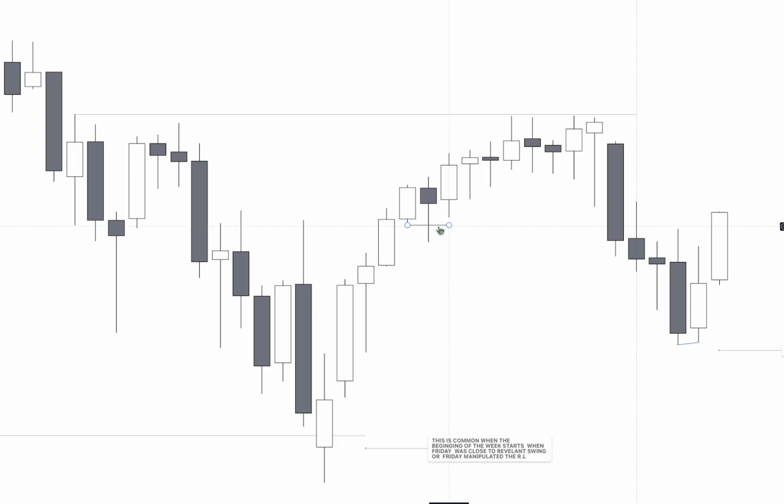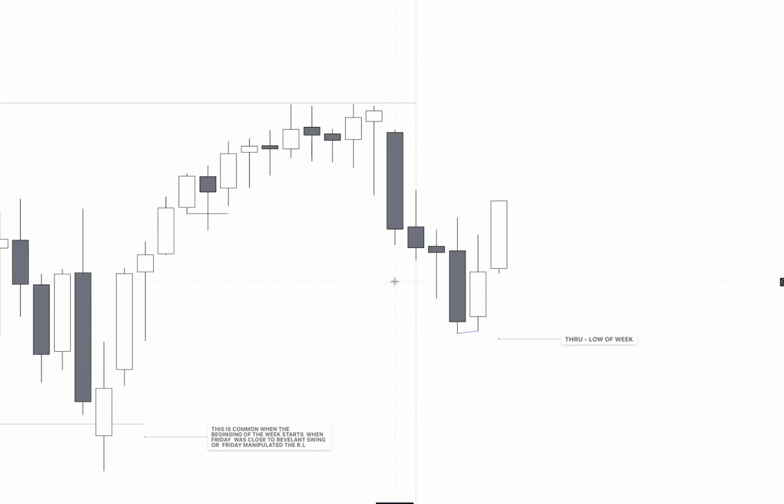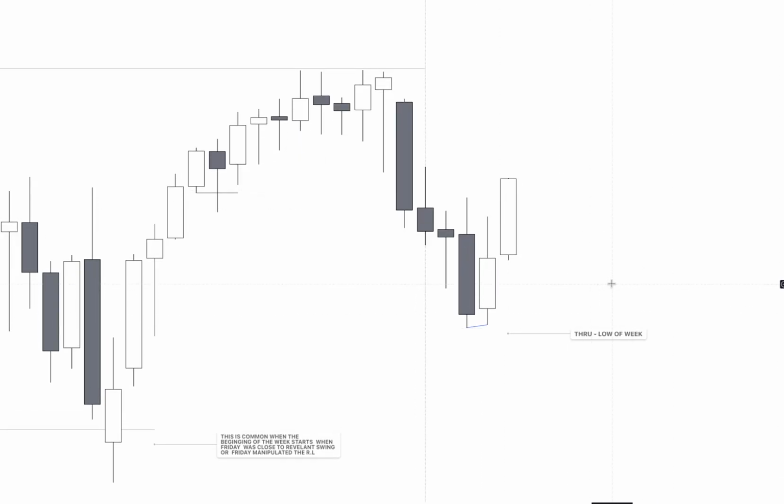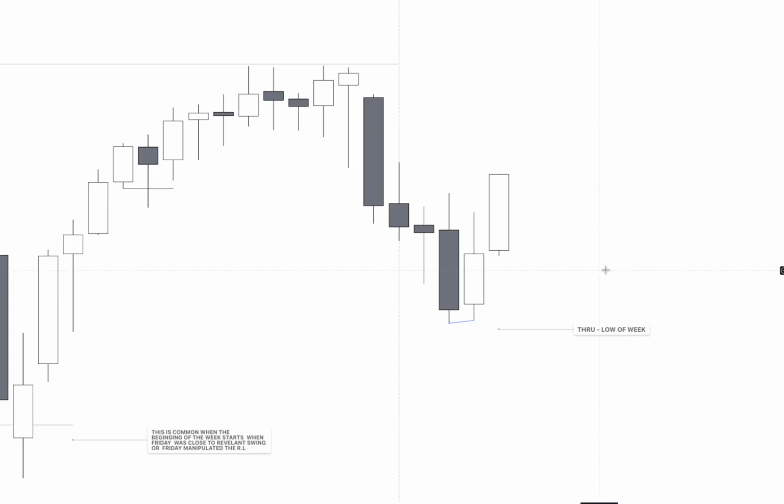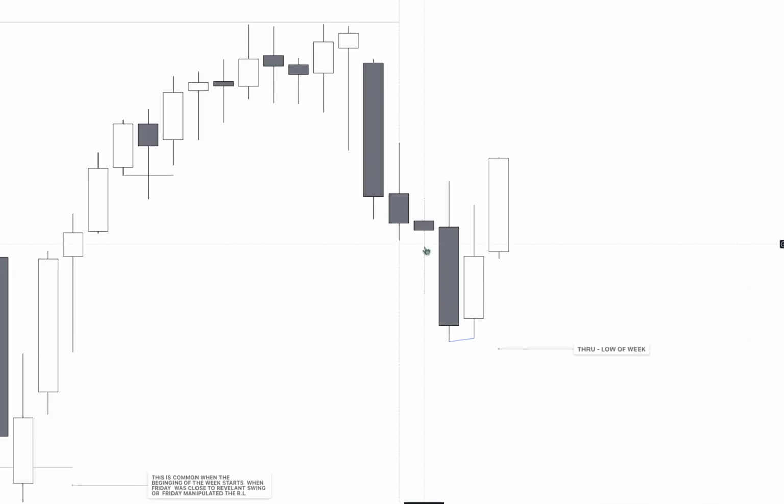directional moves. In this case, we still have open objectives over here, so you can expect this week to turn around on one of those days. You can determine that by the close of the daily candle. In this case, Tuesday was a very good close, but it didn't reverse.